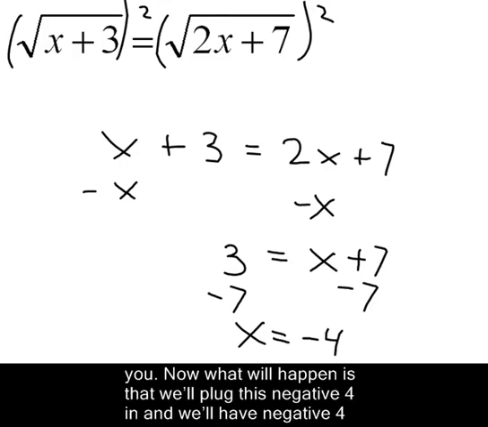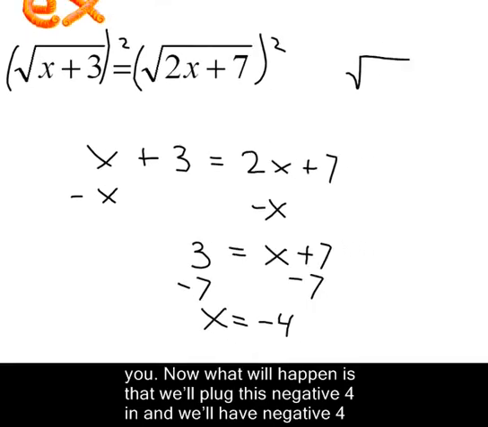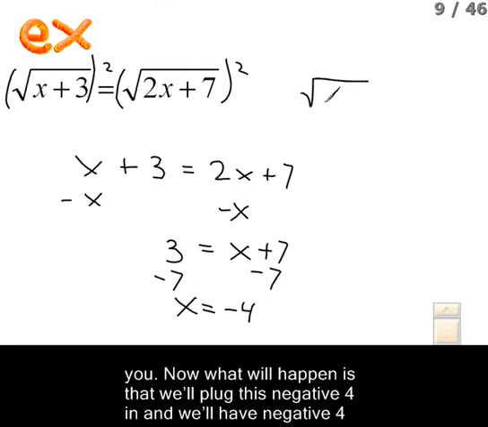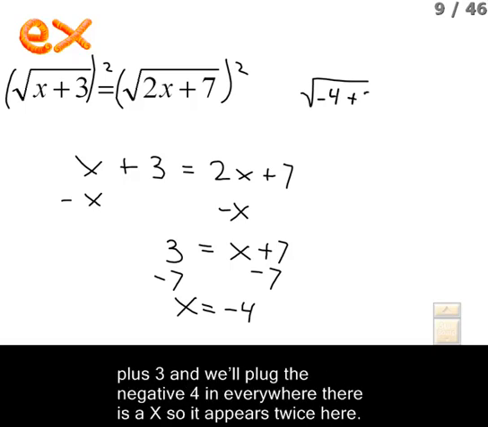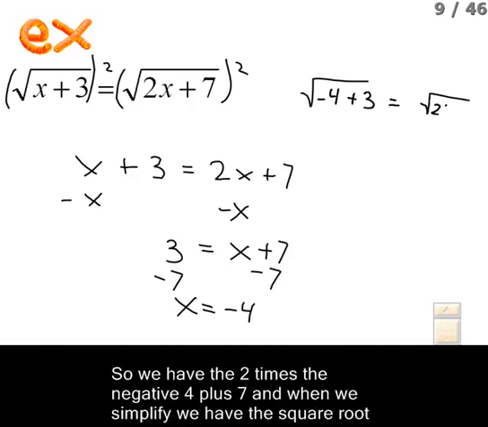Now, what will happen, okay, is that we'll plug this -4 in, and we'll have -4 plus 3. And we'll plug the -4 in everywhere there is an x, so it appears twice here. So we have the 2 times the -4 plus 7.